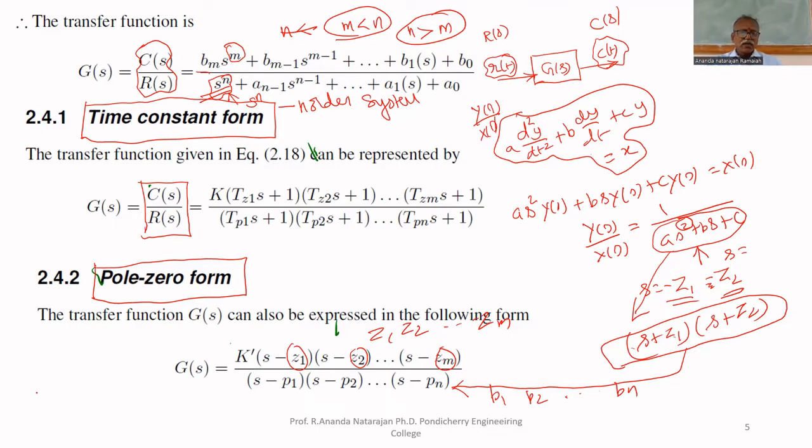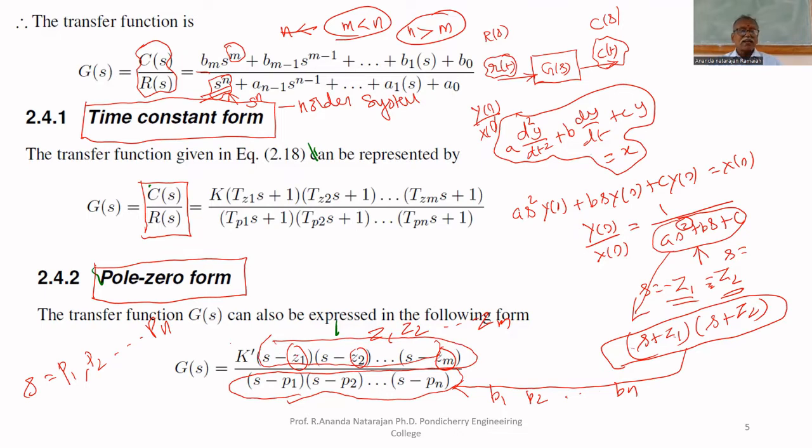Here you are getting the roots s equal to P1, P2, etc., Pn. Therefore, the denominator can be factorized like this. Similarly, numerator polynomial also can be factorized like this: s minus Z1, s minus Z2, etc., s minus Zm.